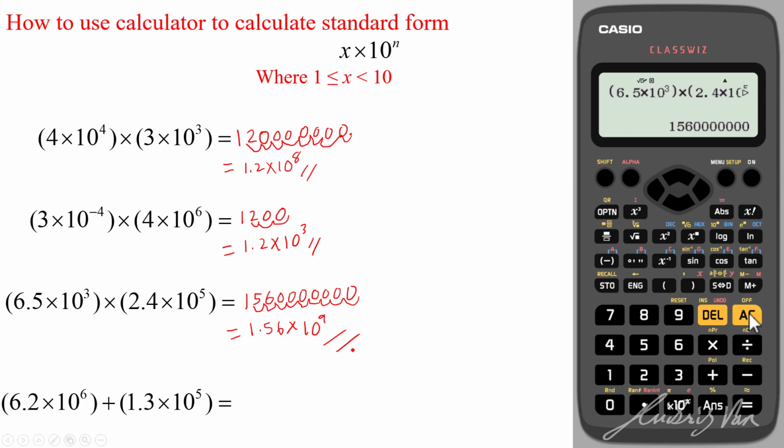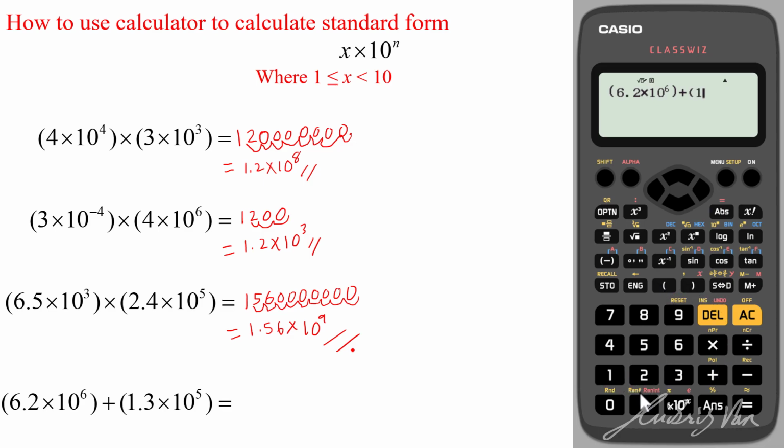Okay, finally for the last question, be careful because it is plus. So bracket, times 10 power 6, close bracket, then plus. Remember the question is plus, we must write plus instead of times.